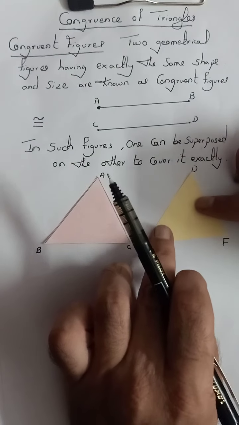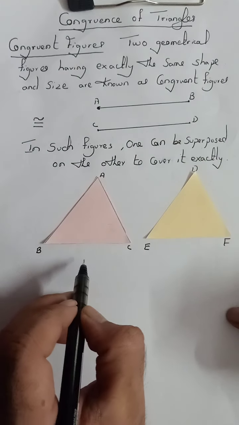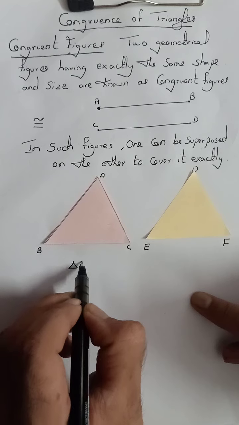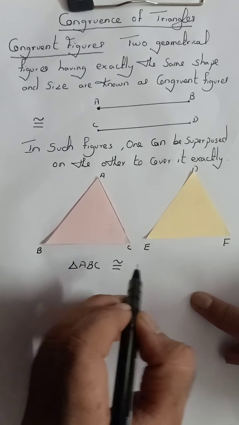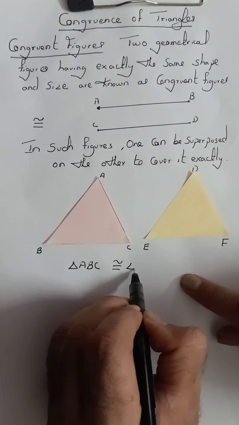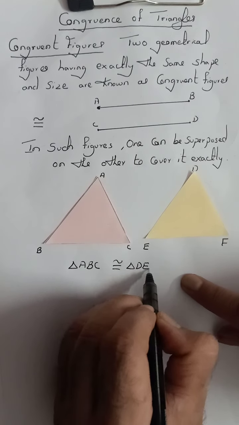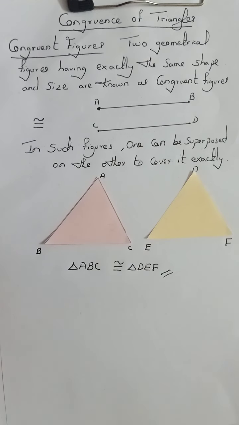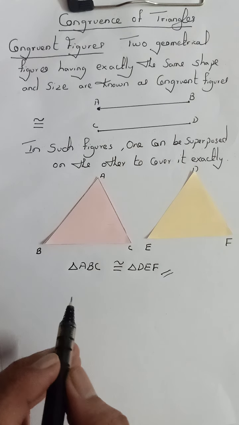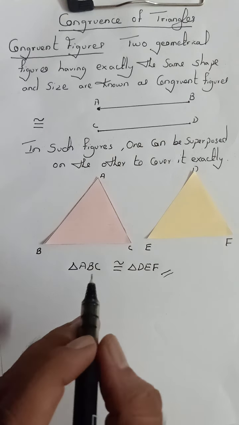Clear? Then we say triangle ABC is congruent to triangle DEF. So this is the definition of congruent figures or congruent triangles.